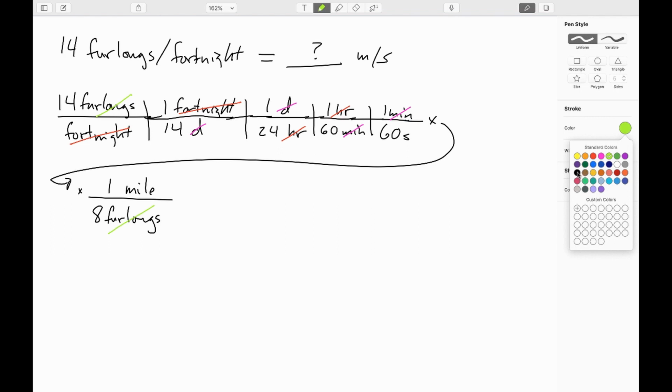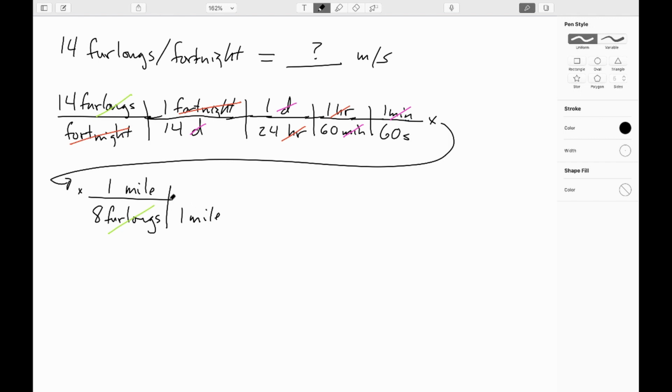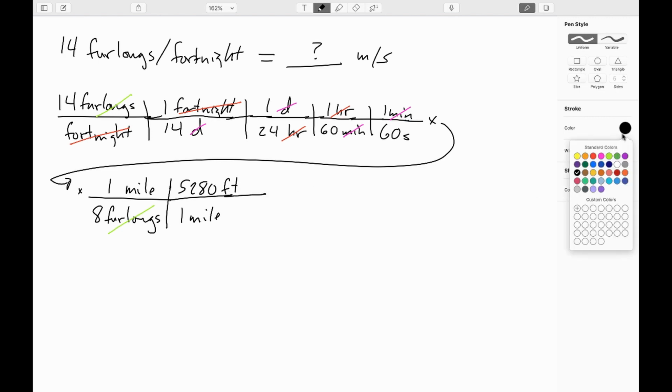The reason I went with the mile is because I know how many feet there are in a mile. So I need mile in the denominator. And then we can put 5,280 feet in the numerator. Now, I happen to remember from the previous video how to get from feet to meters. So that's why I went this way.